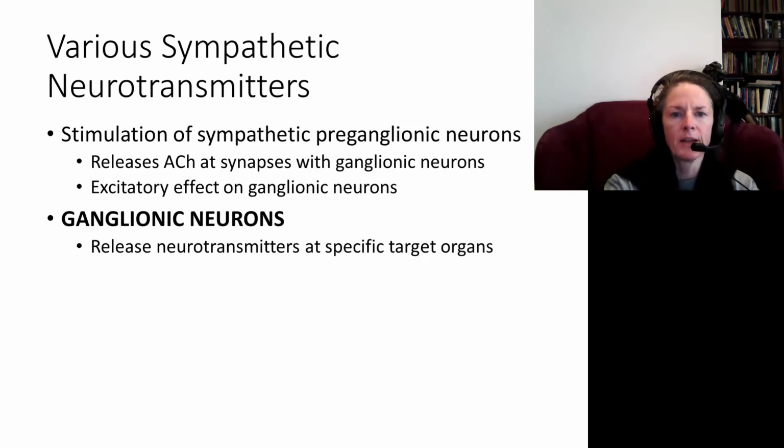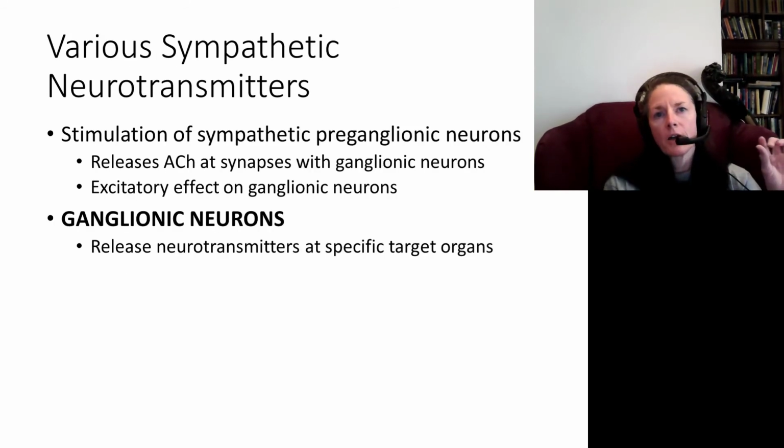Now, we've got stimulation, obviously synaptic stimulation, between the preganglionic neurons and the ganglionic neurons. And all sympathetic preganglionic neurons are going to release acetylcholine. And that acetylcholine will then have an effect on the ganglionic neurons.